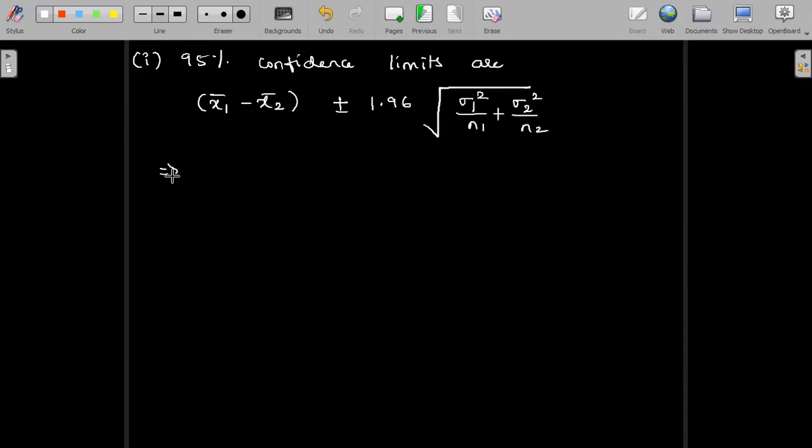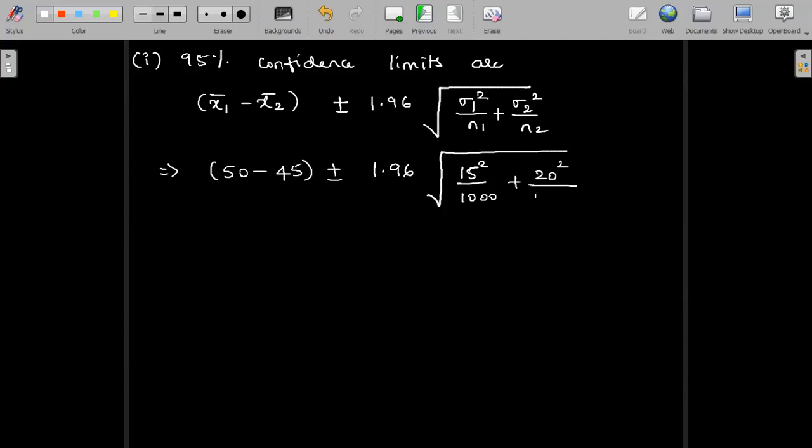So let us evaluate this. 50 minus 45 plus or minus 1.96 into square root of 15 square divided by 1000 plus 20 square divided by 1500.